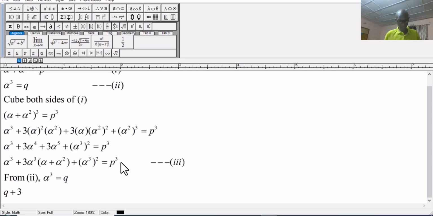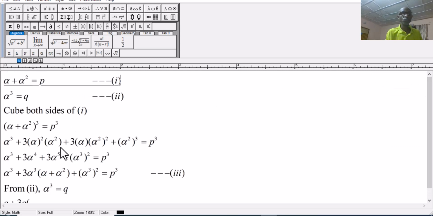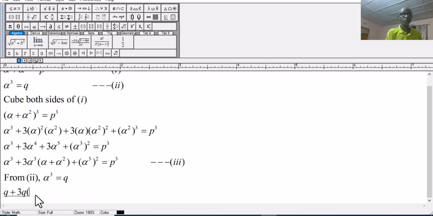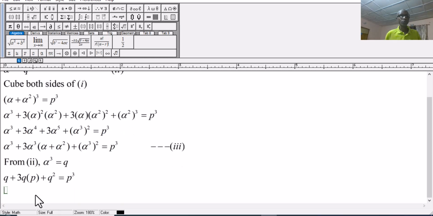Alpha plus alpha squared is p, so I put p there.